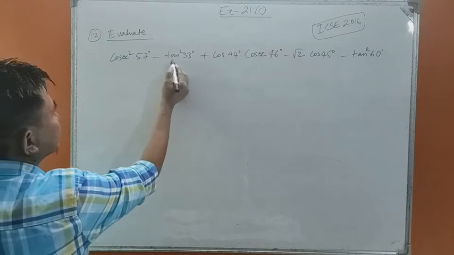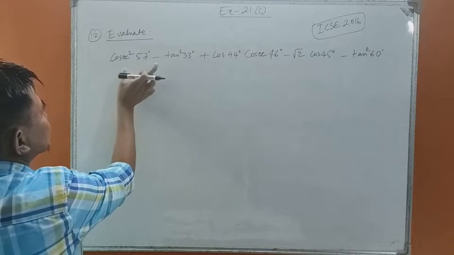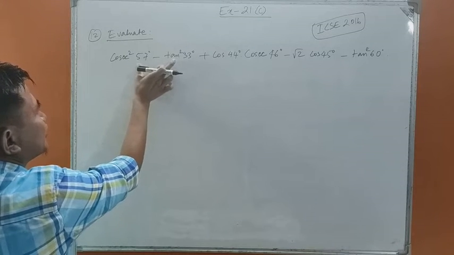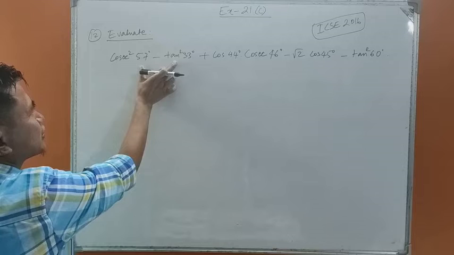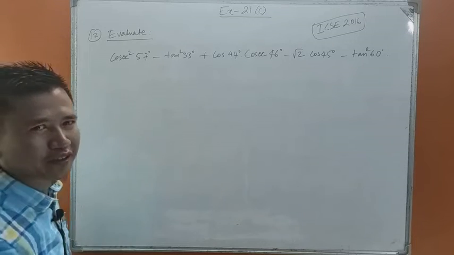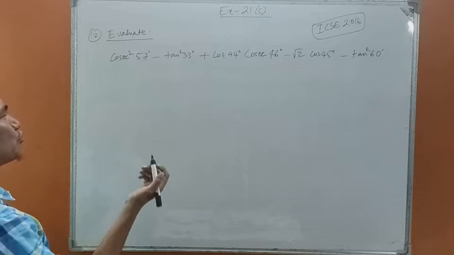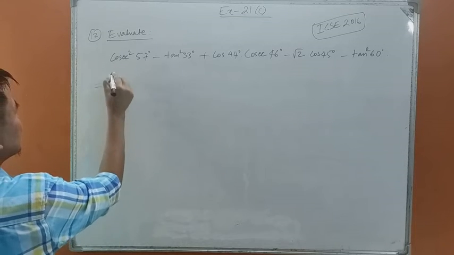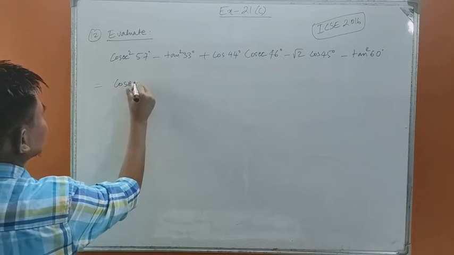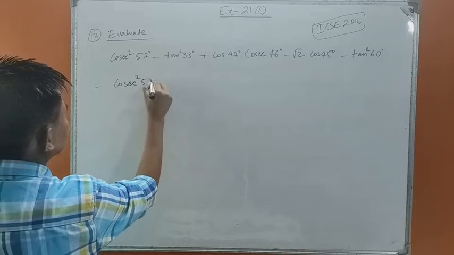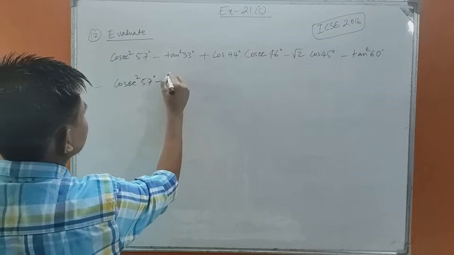So we have here tan 33. By just looking at it, we can convert this into cosec square theta minus cot square theta form, isn't it? Cosec square theta minus cot square theta is 1. So cosec square 57 degree minus tan square 33 degree.